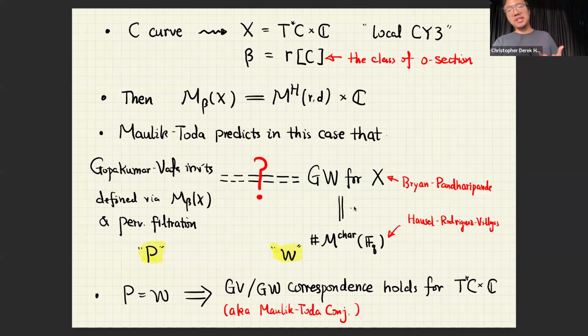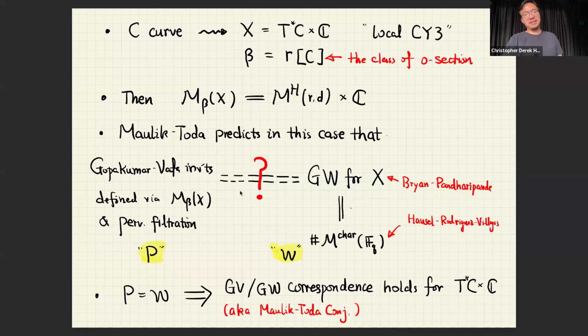And there's an observation by Diaconescu-Pan, who can rewrite Jim and Rahul's formula using the counting function over the character variety by looking at the closed formula of Hausel-Rodriguez-Villegas. So both things on the right side are closed formulas, and you can match them.